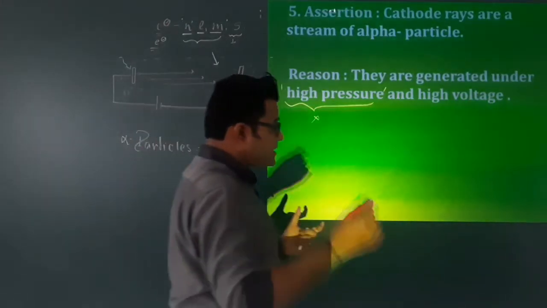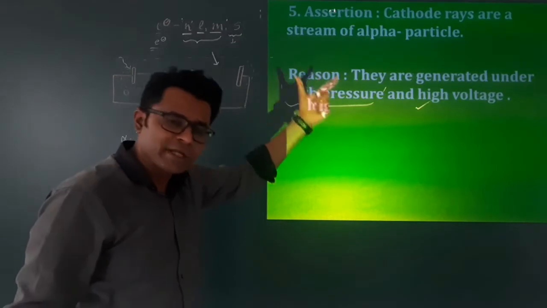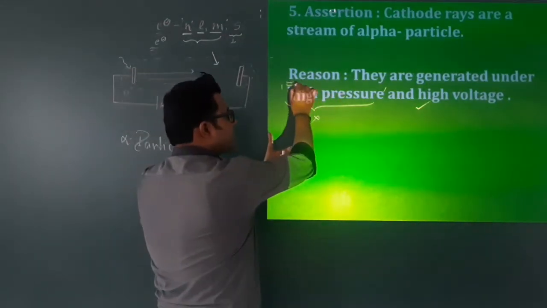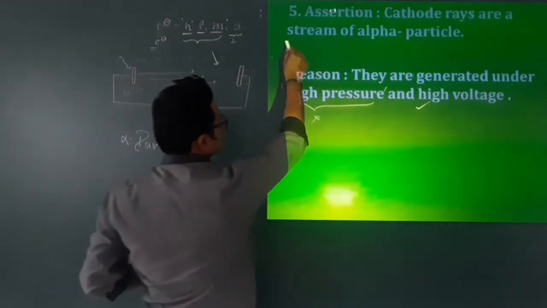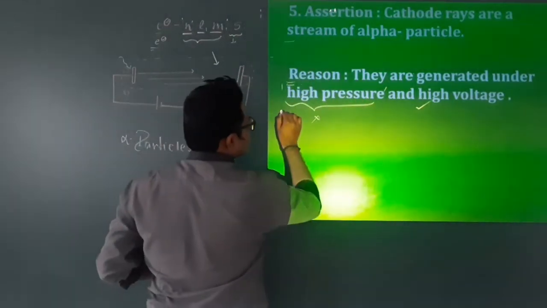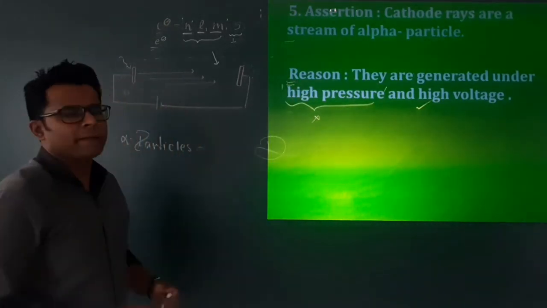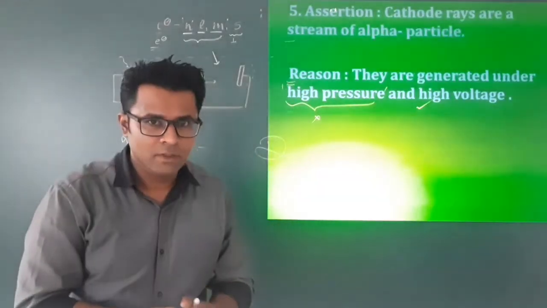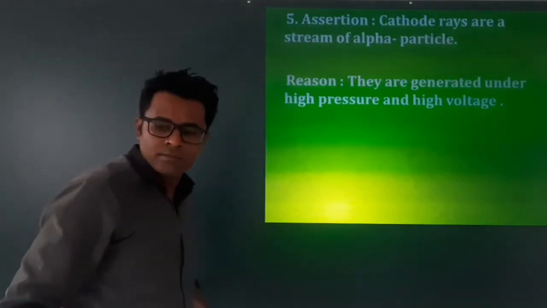High voltage is correct, but because of the high pressure, our reason becomes wrong. So the assertion is wrong and the reason is also wrong. Therefore, for this scenario, the option becomes B. Let's move to the next question now.